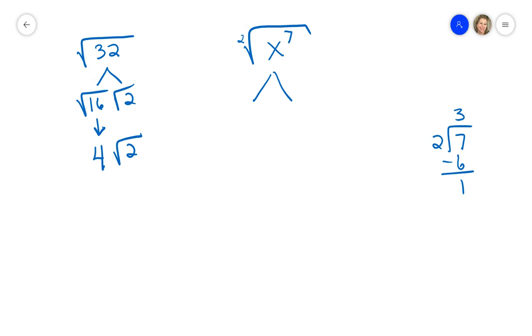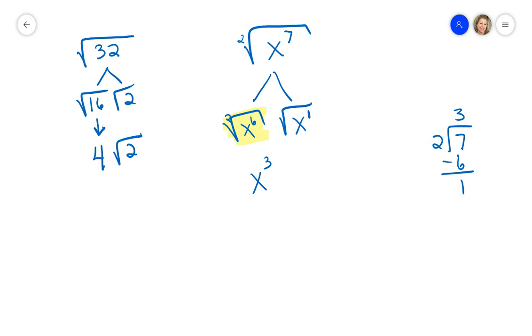So if you break this down, you have to break it down to be the square root of x to the 6th times the square root of x to the 1 left over. And then the square root, this is a perfect square. 2 goes into 6 3 times, so this becomes an x cubed.